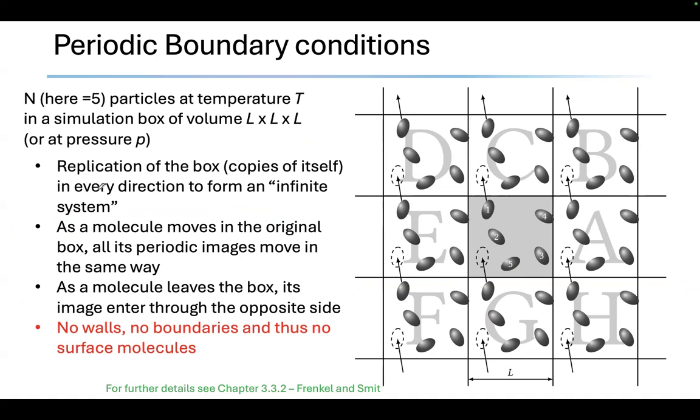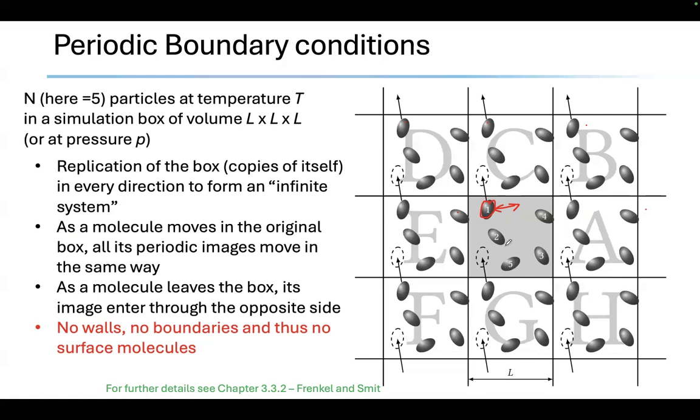This is a very nice trick in which you make copies of the box in all directions to form an infinite system. The advantage is that you don't have any more of these surface effects, because molecule 1 can now interact with molecule 1 in this box, this box, this box, and so on up till infinity. You then don't restrict its interactions to just the molecules within this box.